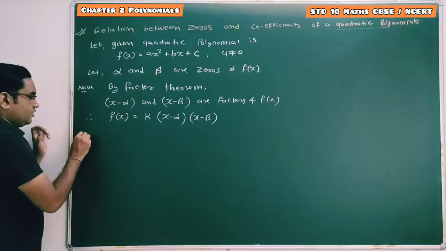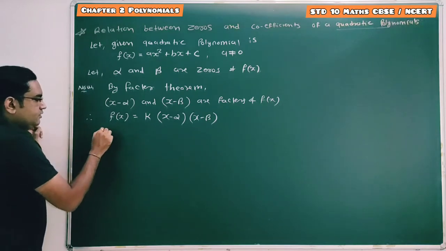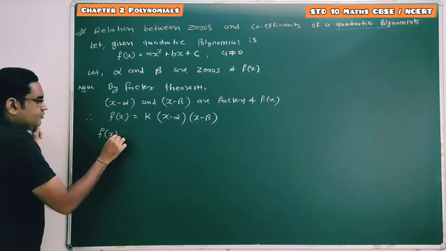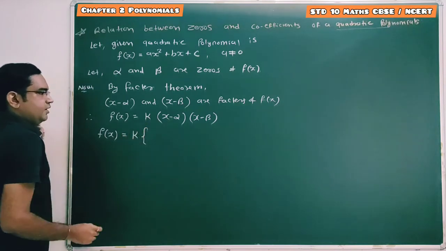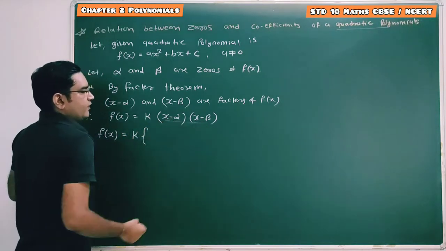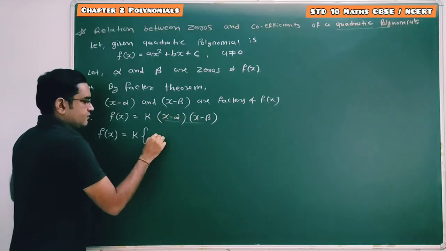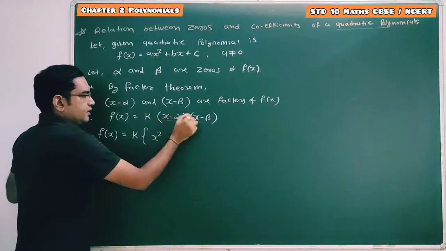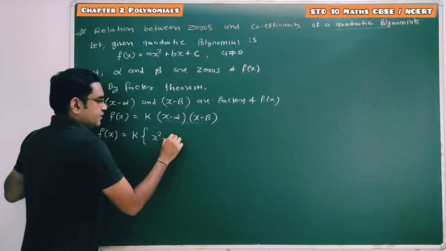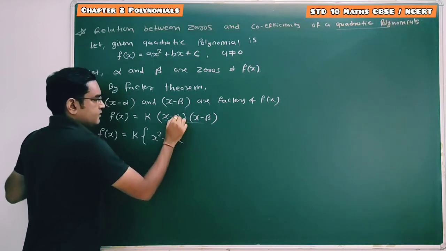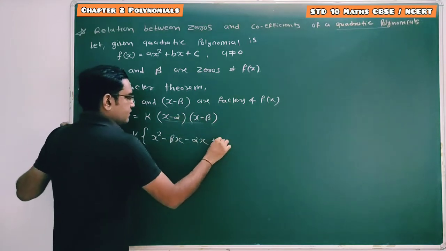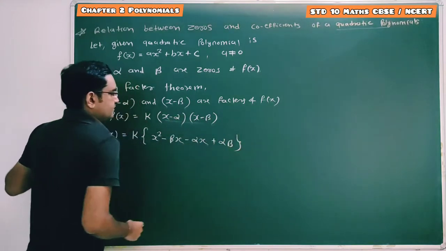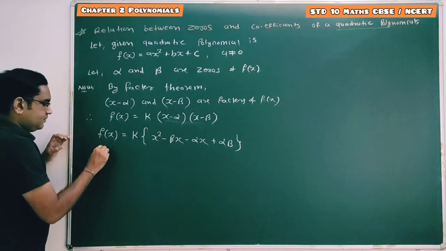So now next step, perform expansion. f of x equal to k into the multiplication of these two factors. So it's x into x, x square, x into beta, so it's minus beta x, minus alpha x plus alpha beta. Now again further simplification.